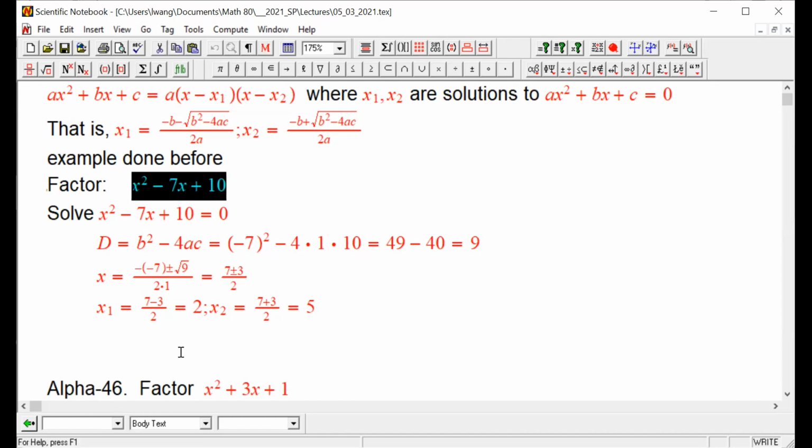We compose it the same way as a times x minus x sub 1 multiplied by x minus x sub 2. So a is 1, x sub 1 is 2, x sub 2 is 5. There, we found the factors.